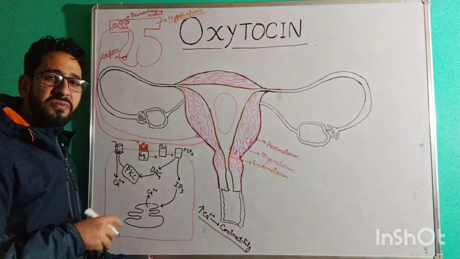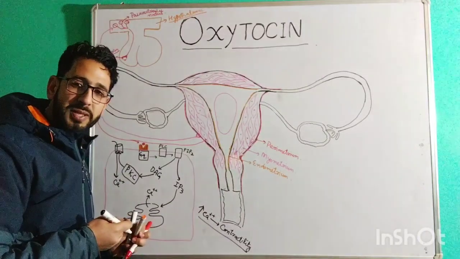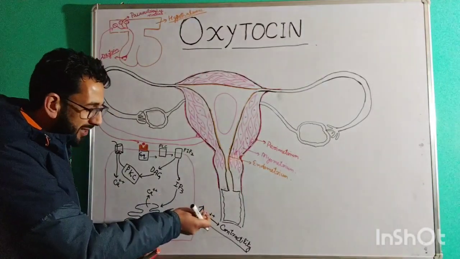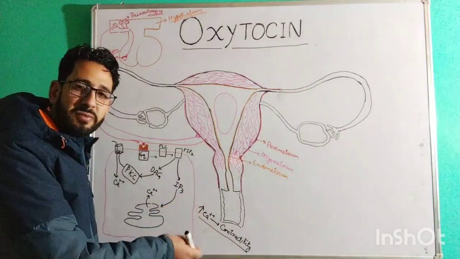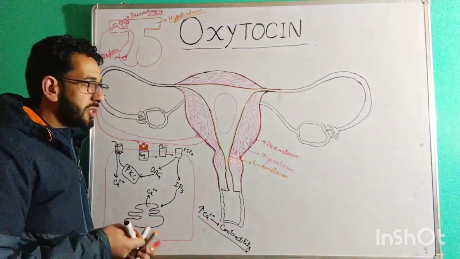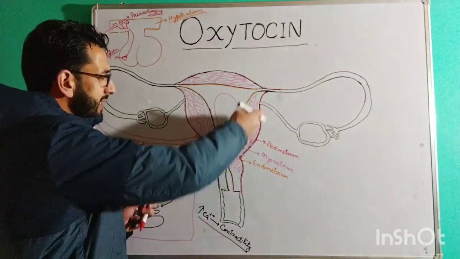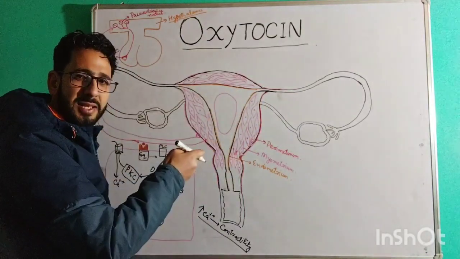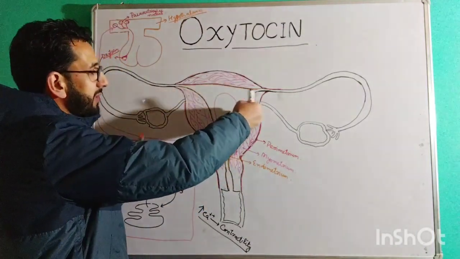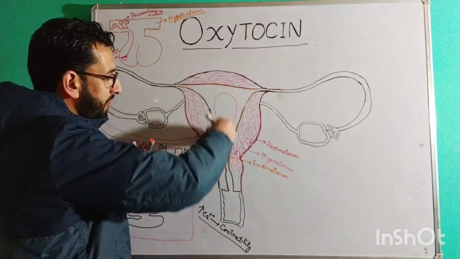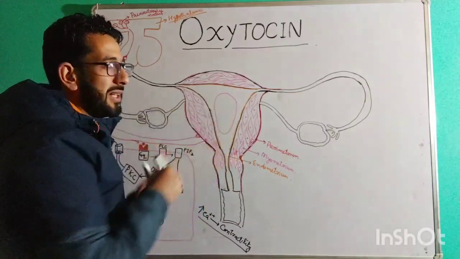Because calcium is very important for the contraction of the cell, and we are increasing the calcium level inside the cell, ultimately we are increasing the contractility of the cell. And on all these cells this oxytocin is acting, and all these cells are contracting, then that helps in the expulsion of the fetus from the birth canal.